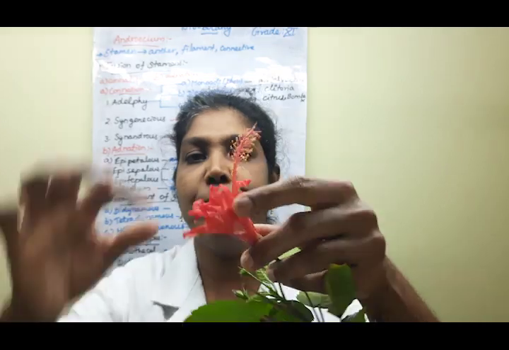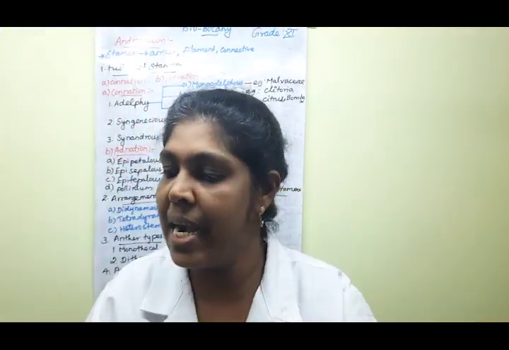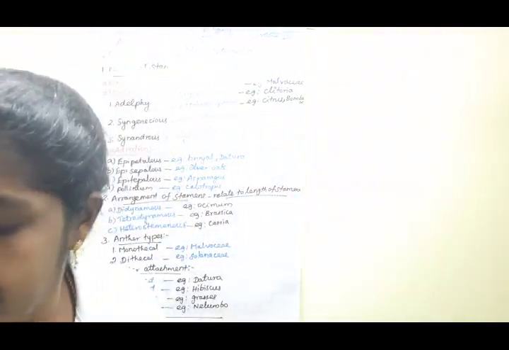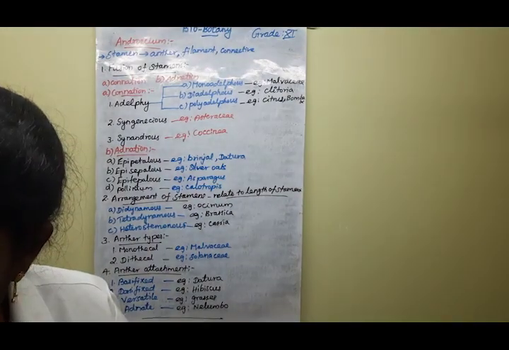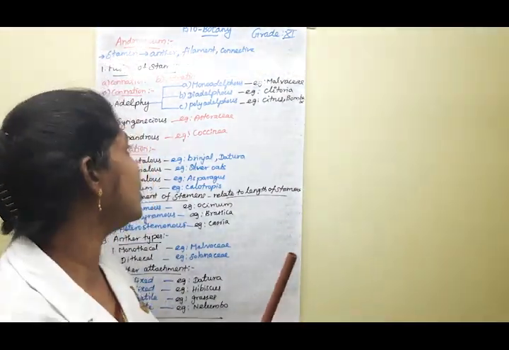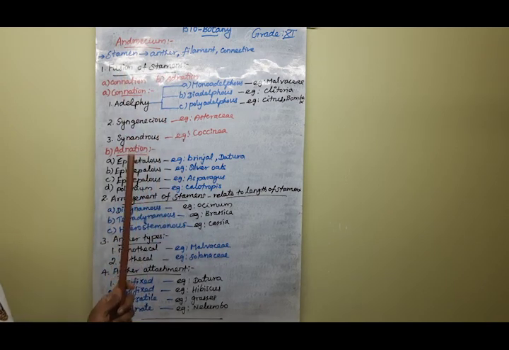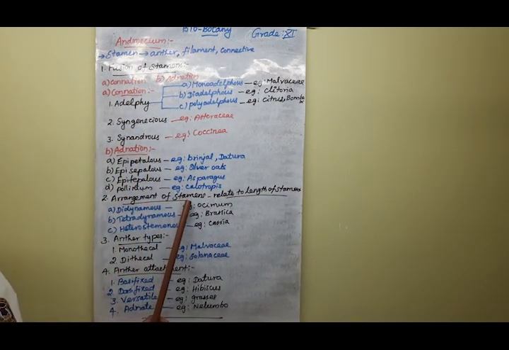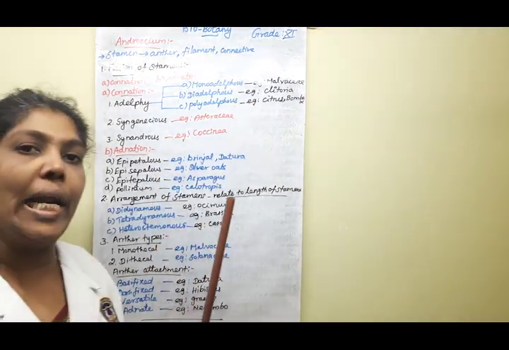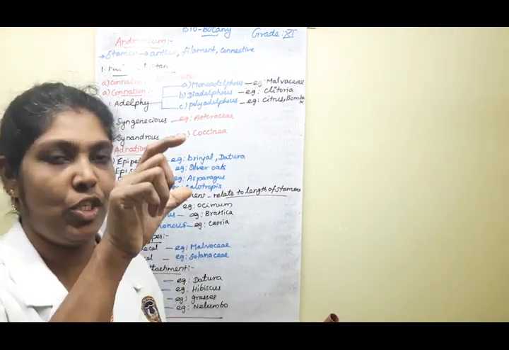From this androecium we are going to learn four topics, children. The first one is fusion of stamens. The next one is the arrangement of the stamens related to the length of the stamen.